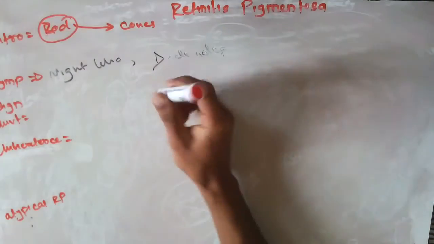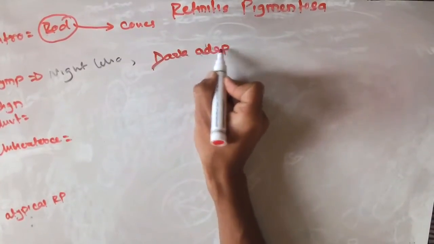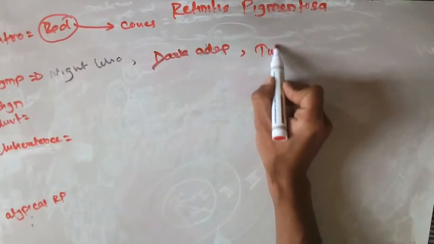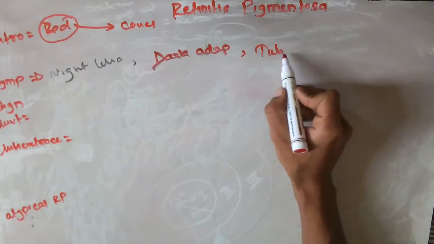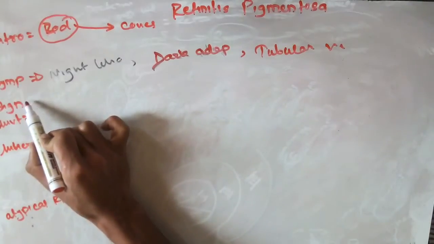And the other feature is that in the late stage of retinitis pigmentosa they present with tubular vision. Because of the ring scotoma they can see a tube-like vision. And what are the signs?